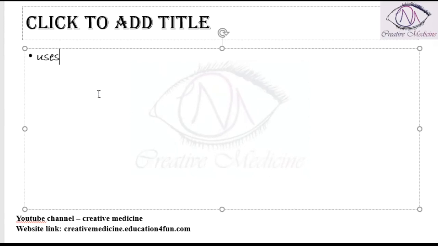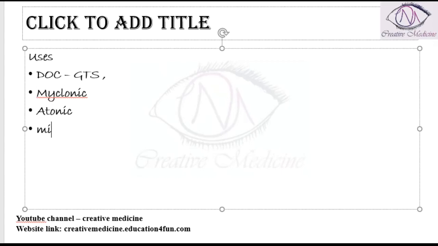Then uses of valproate. Valproate is used as drug of choice for generalized tonic-clonic seizures, myoclonic seizures, atonic seizures, and mixed seizures. It can be used in akinetic seizures.